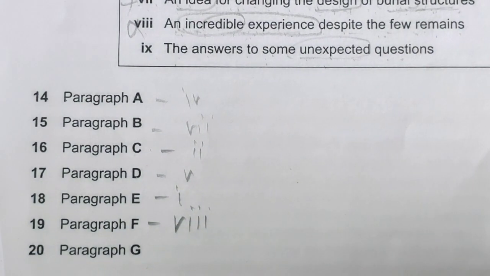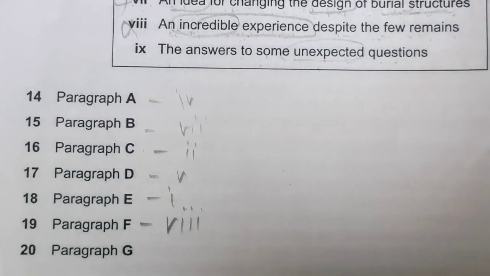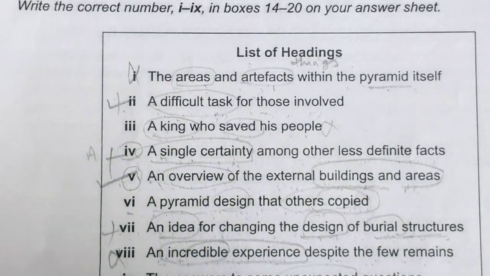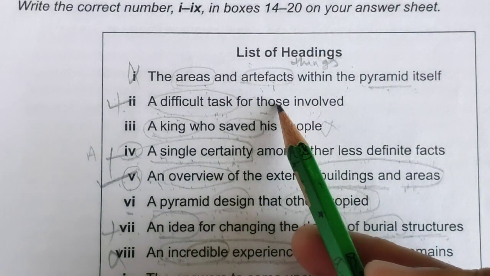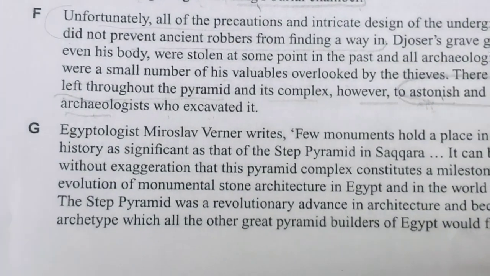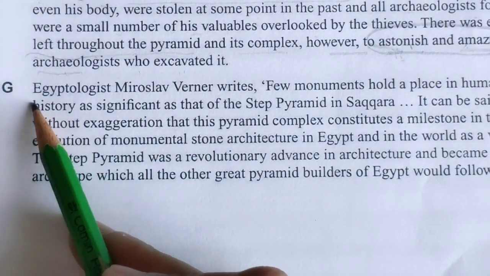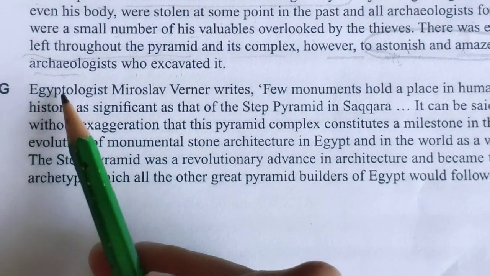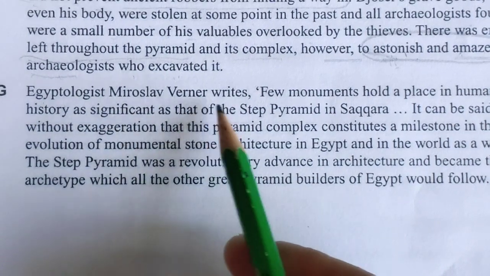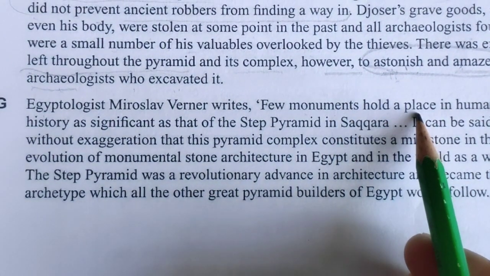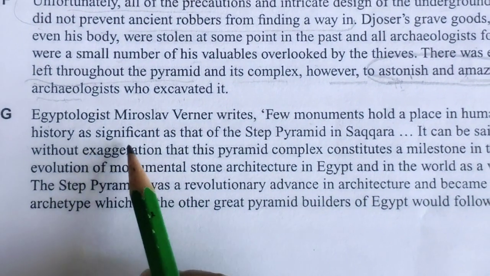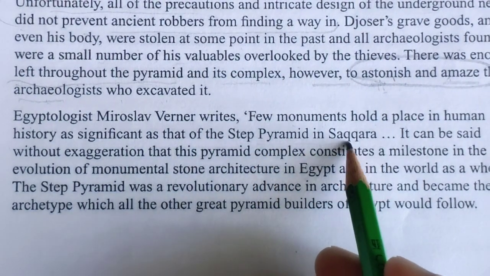Okay, now for G, what we have left for G, this. Okay, so the G paragraph we have: Egyptologist, this writer, few monuments hold a place in human history as is significant step pyramid in Saqqara.